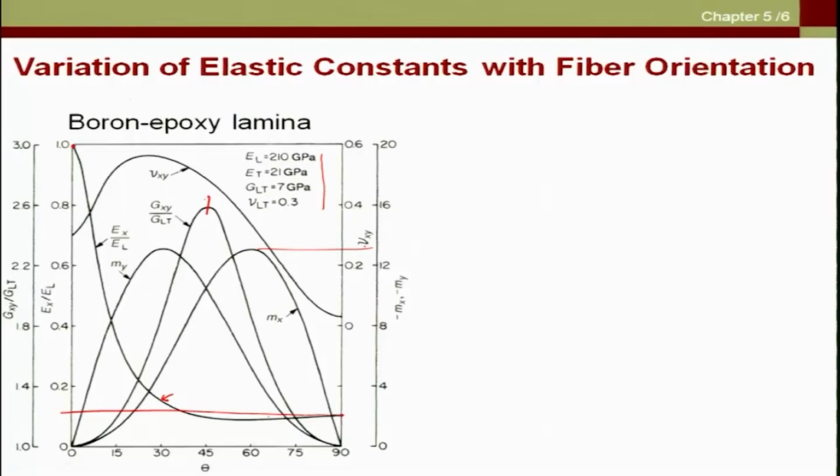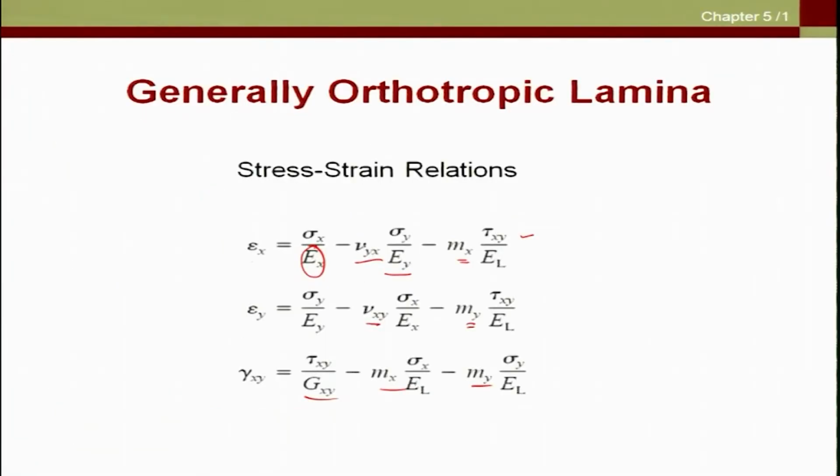So, the point I am trying to make is, what is the role of MX and MY? The role of MX and MY is apparent from these stress strain relations, and what these relations tell us is that if I apply just a shear stress on the specimen, it can create an extensional strain, and if I just apply an extensional stress, it can create a shear strain in the system.